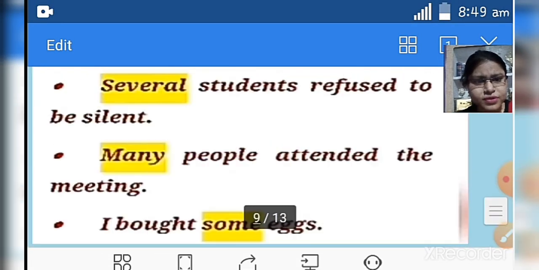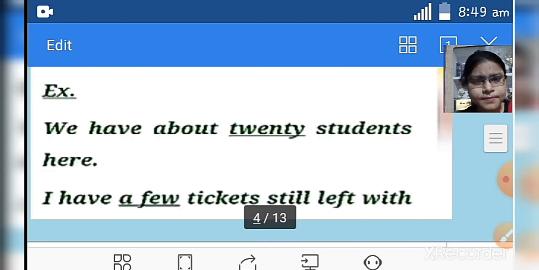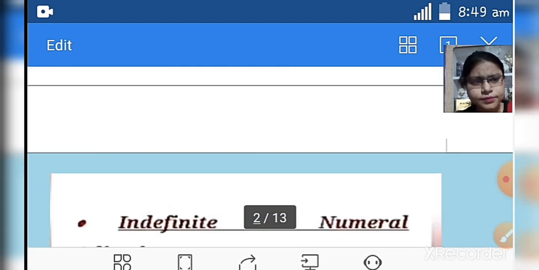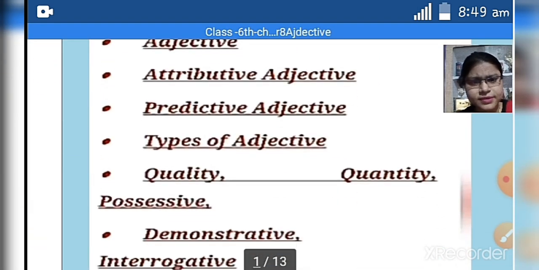Now we will proceed to the next. Here we had finished. Let me come to the first page. Okay, this is right.